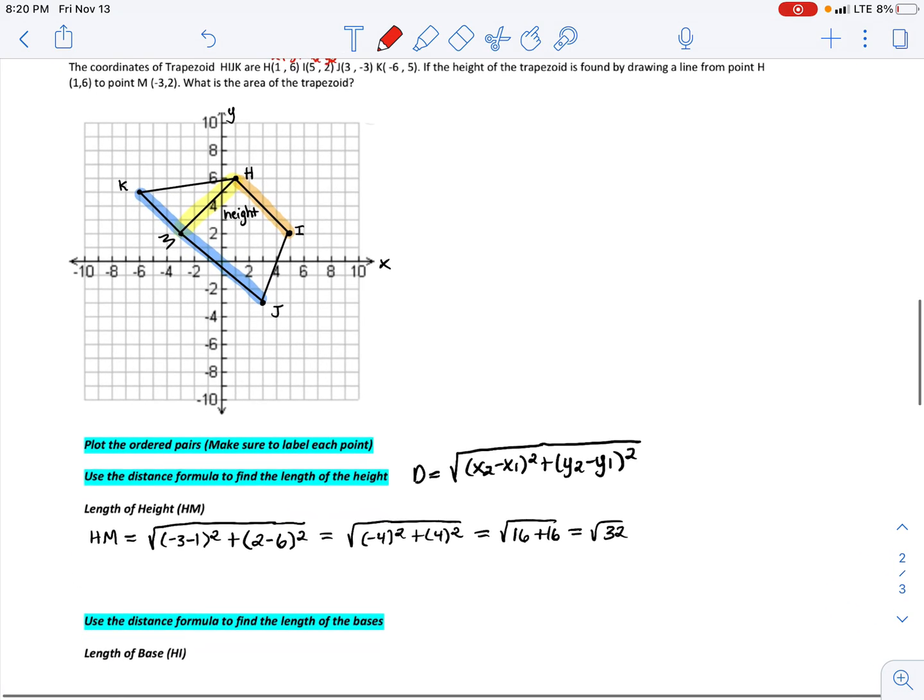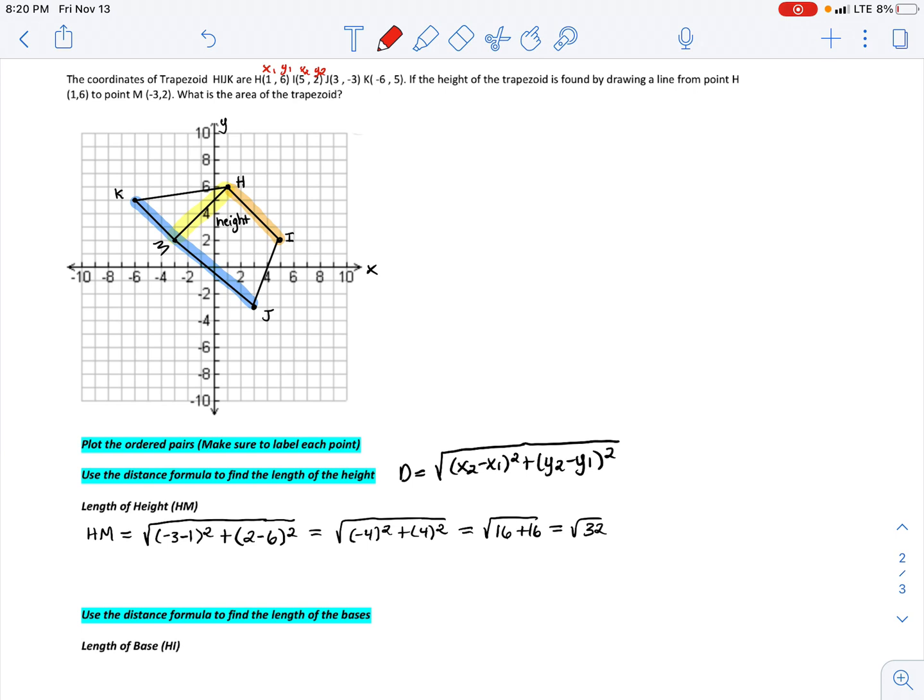And so when I go to find HI, this is equal to the square root of x2, which is 5, minus x1, which is 1, squared, plus y2, which is 2, minus y1, which is 6, squared.